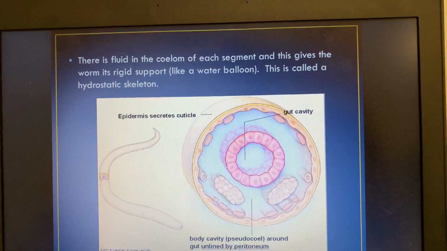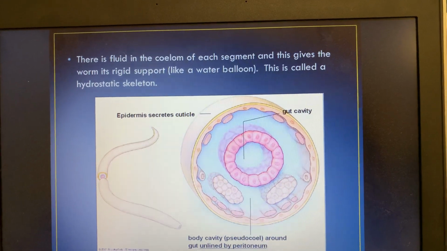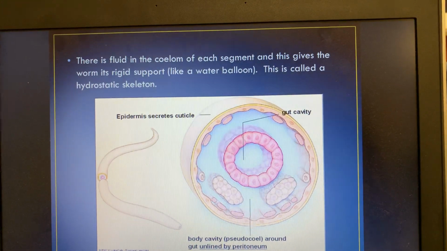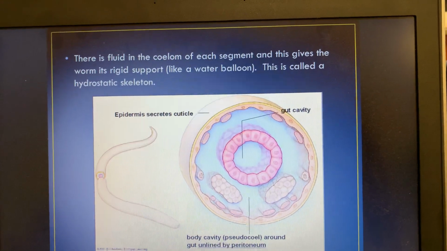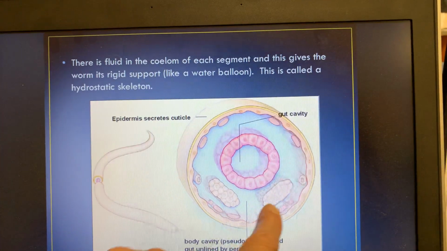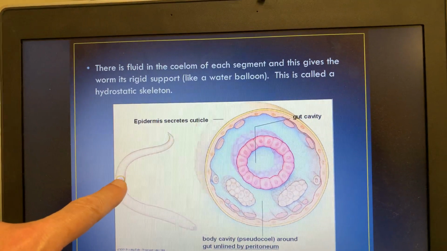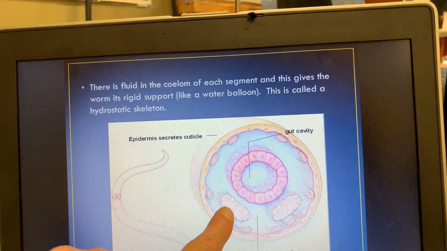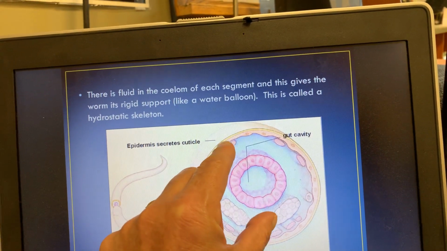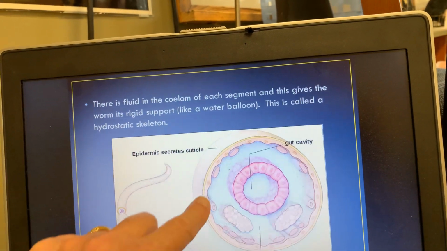They have this fluid pressure that supports them, and so it's called a hydrostatic skeleton, because hydro means fluid or water. And so you see the picture, this is like the fluid, this is the inside of their body. If you cut them like right there, you could see on the inside this fluid that exerts pressure to keep their shape.